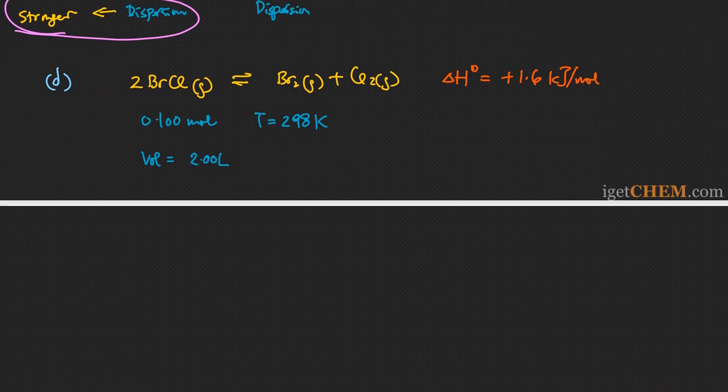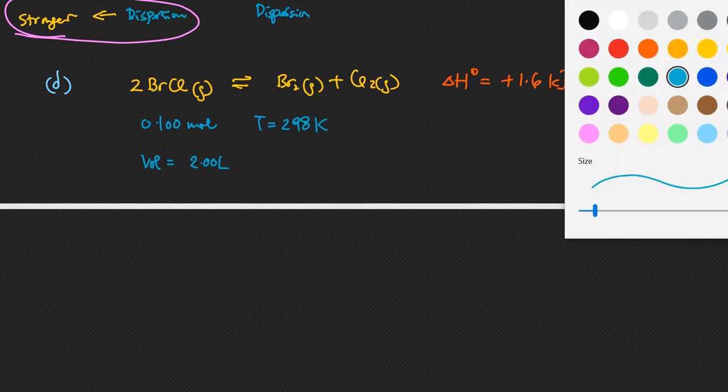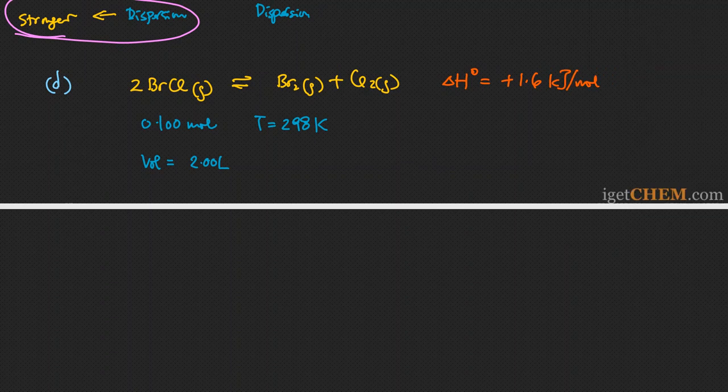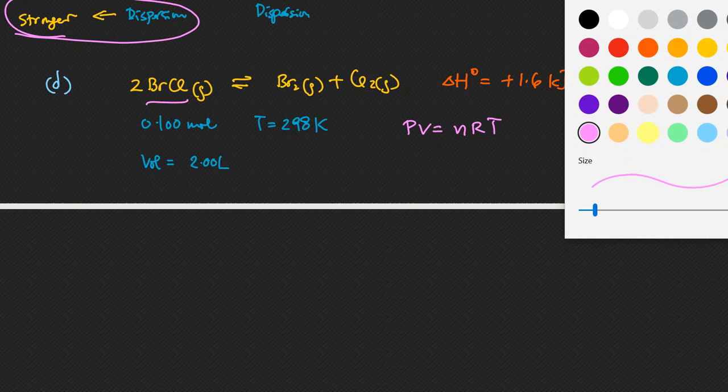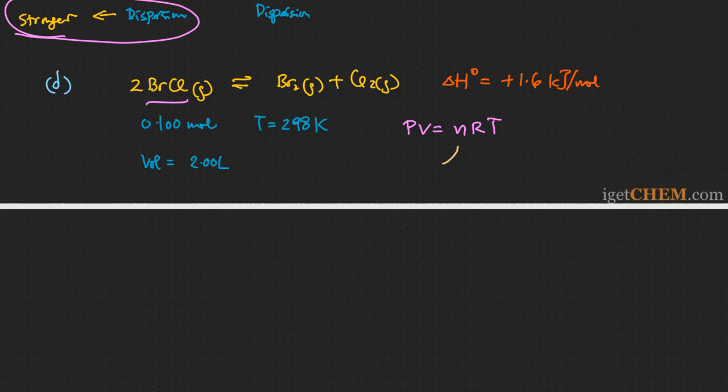So this is fairly simple just by using the ideal gas law. The reason is because you really only have one ingredient inside that box. So let's write down everything we know. We know PV is equal to nRT. We know the number of moles in this case is 0.100. I'm just going to skip the units.